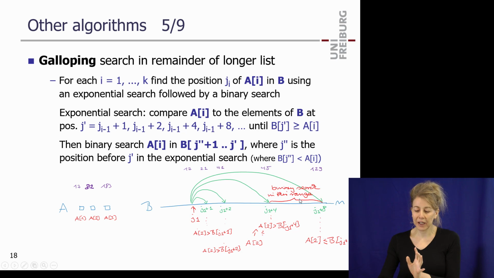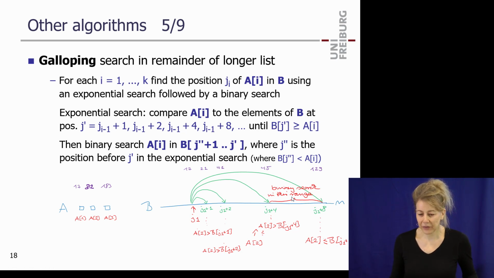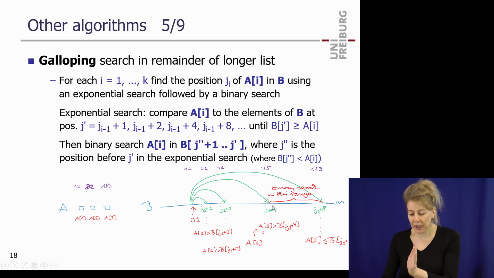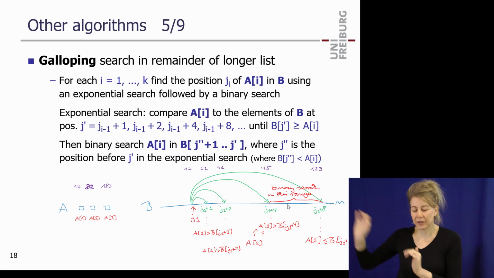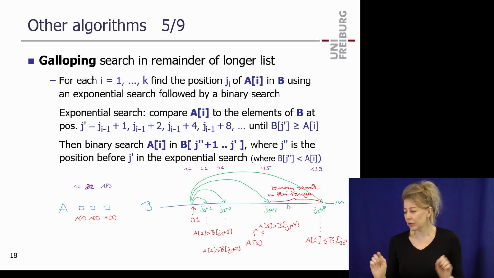And in this last range, and of course there is the border case where you're already past B, then you're just searching the rest of the list, and you do a binary search here. So that's the basic algorithm. Now you do that for A2, and when you have located A2, you do the same for A3. You start from the position of A2 and jump in exponentially increasing steps. Is there any question about the basic algorithm?